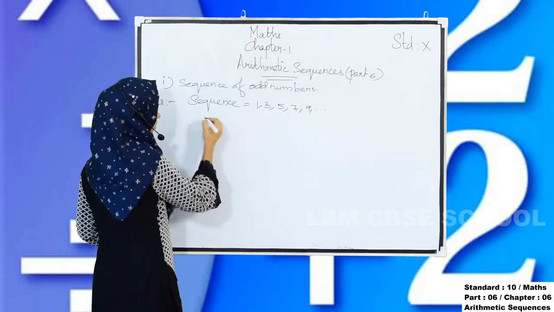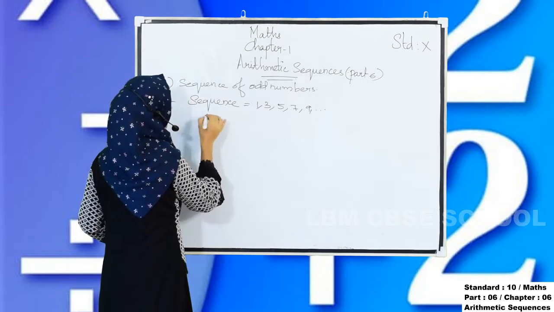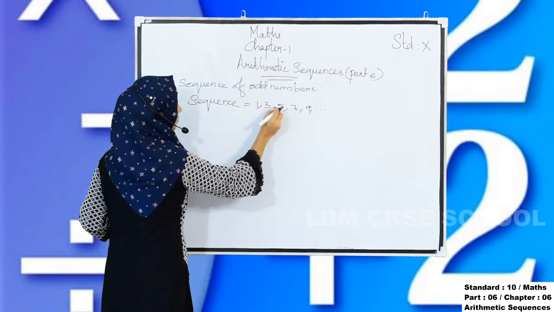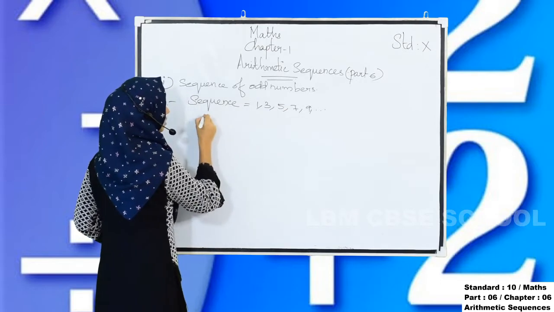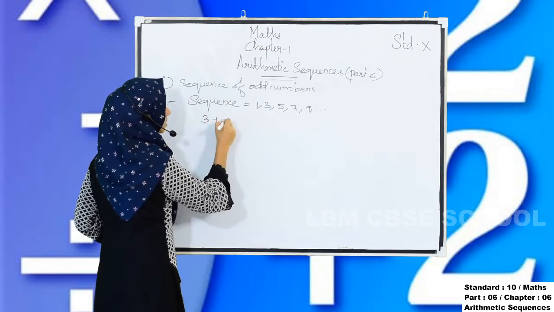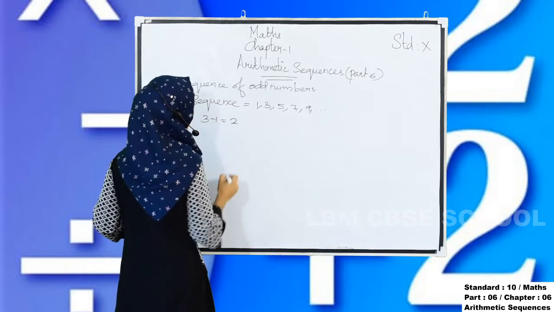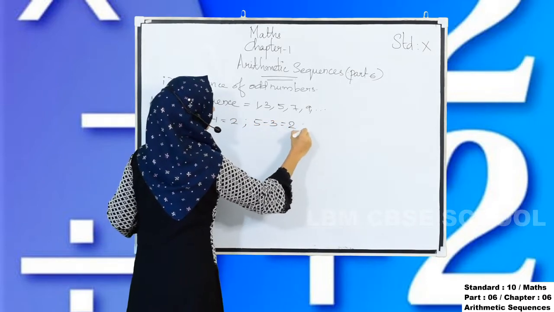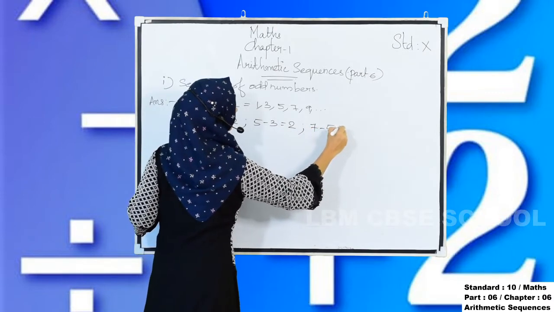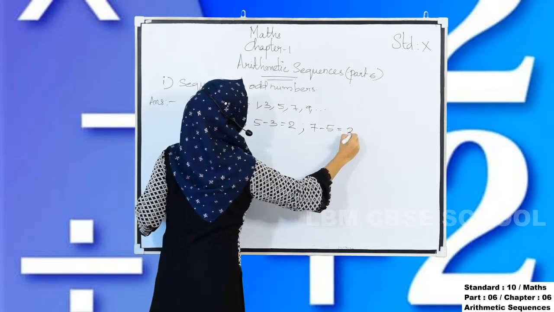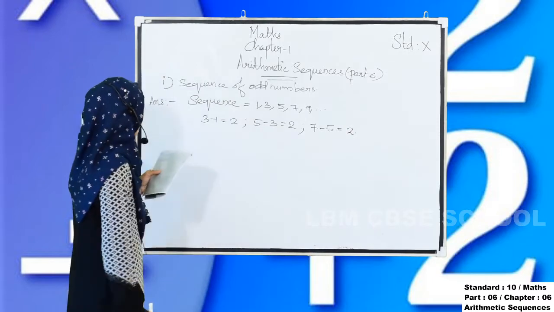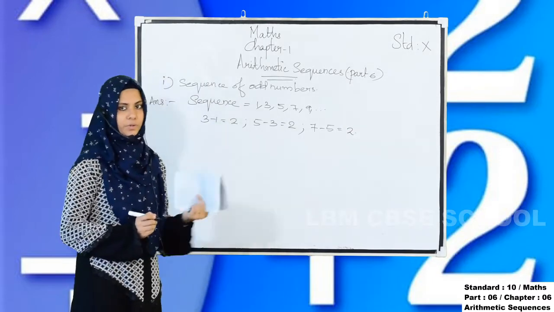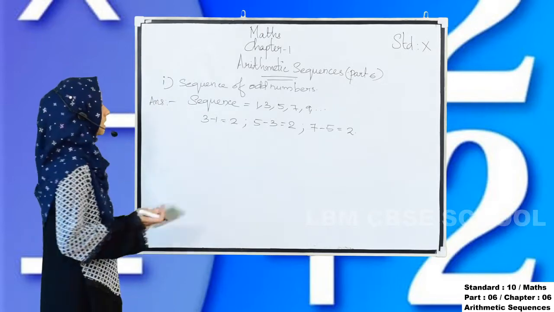For that we want to subtract the first term from the second term, the second from the third term, like that. So 3 minus 1 we will get what? 2. Then 5 minus 3 we will get 2. 7 minus 5 you also get 2. So we get a difference 2 in between each number in this sequence. Then we can say that it is an arithmetic sequence.